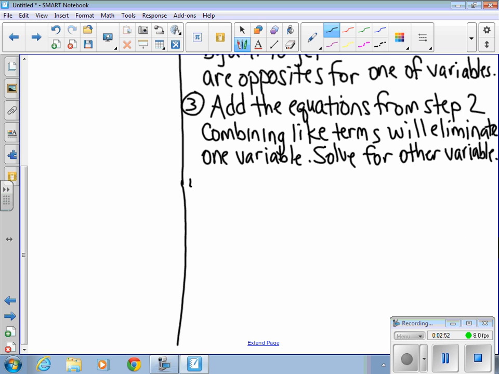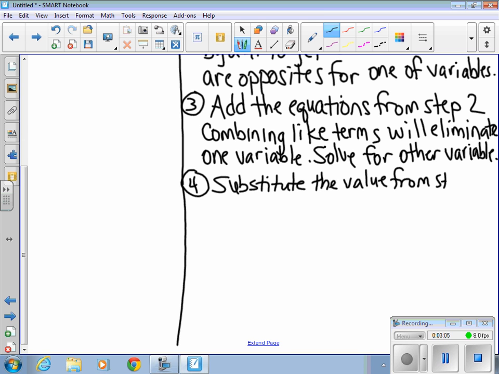Okay? For step four, you will need to substitute the value from step three into either one. It does not matter which one.